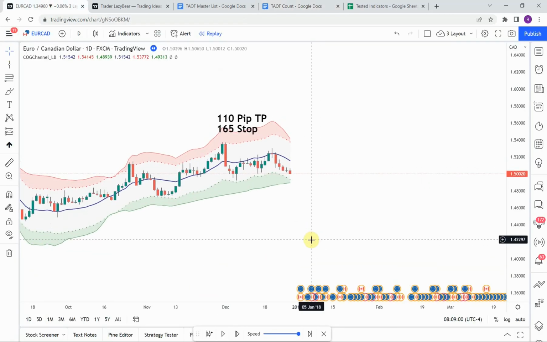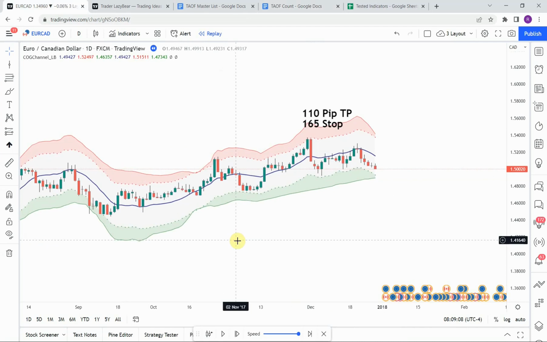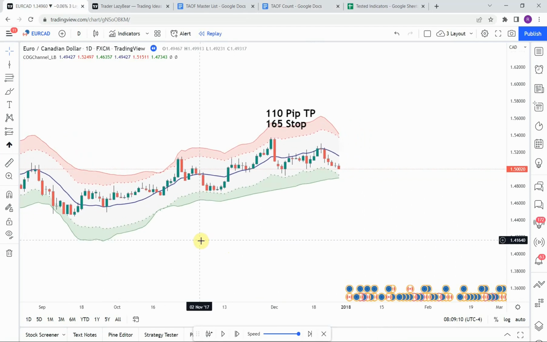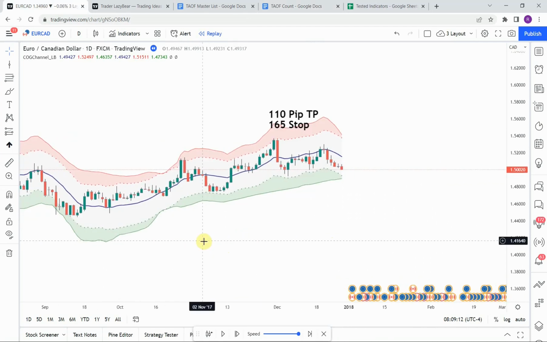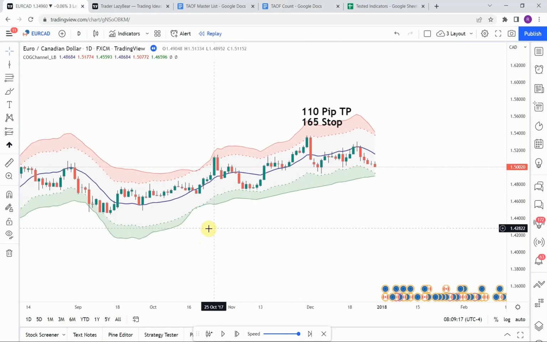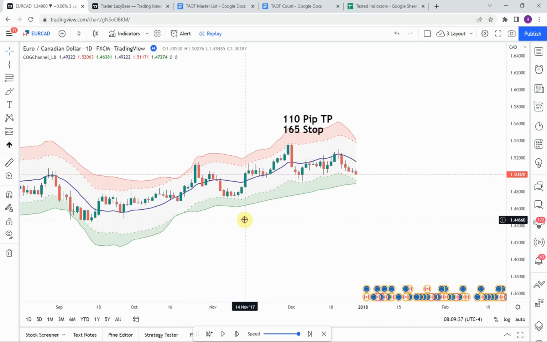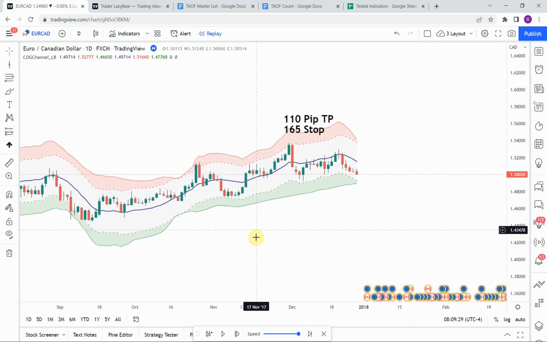Okay, so today's indicator is the custom COG channel, and you can see it here on screen. Basically what we are looking for, as you can probably already guess, is an overbought, oversold type area, or areas of extreme weakness in momentum, or when price action is overextended in one direction or another.